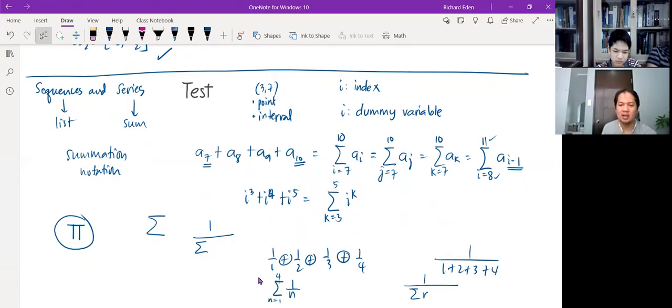So kumbaga, merong nag-exist na notation, and if your current need is not addressed by available notation, then maybe that's the time that you devise new notation. But otherwise, kung kaya pa naman i-address ng currently existing notation, I think the verdict would be to, for now, rely on the already existing notation.